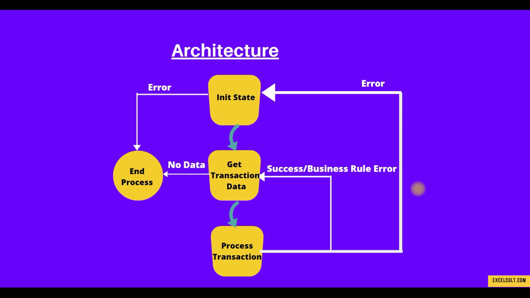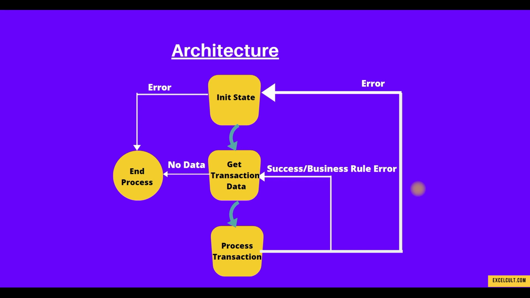If this error, which I mean system error, never happens for, say, 10 customers, it will be going through this particular loop, which is process transaction and then get transaction data, and then process transaction and get transaction data.